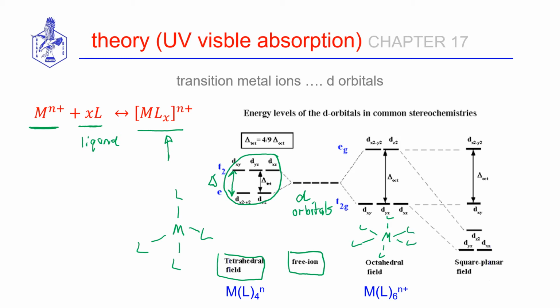The splitting amongst the d orbitals takes on this configuration in which the difference in energy is that magnitude. Or if we put 4 things around our metal ion and it's not a tetrahedral configuration but square planar, then the splitting we get looks like this. So you can see that these energy differences are different. And so we can decipher information about the nature of the complex that forms based upon the magnitude of those energy differences.